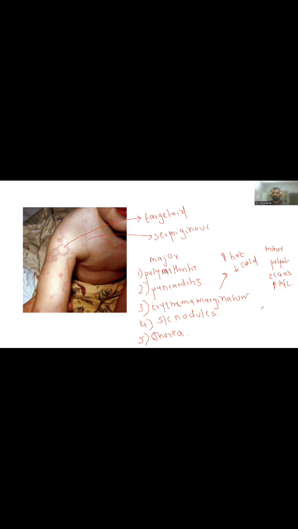And the mandatory, or essential, criteria is presence of ASO titer more than 333 in the pediatric population, or isolation of group A beta hemolytic streptococcus from the throat. So you have to isolate streptococcus from anywhere.